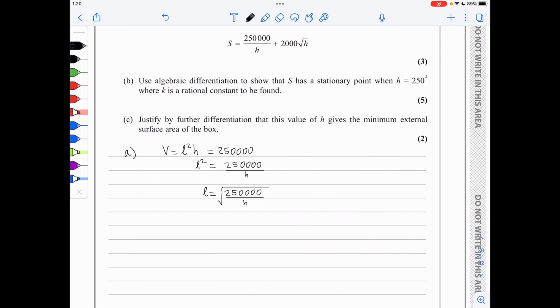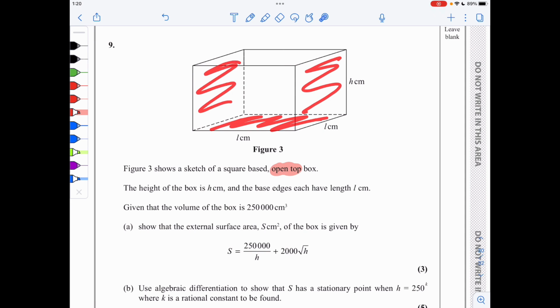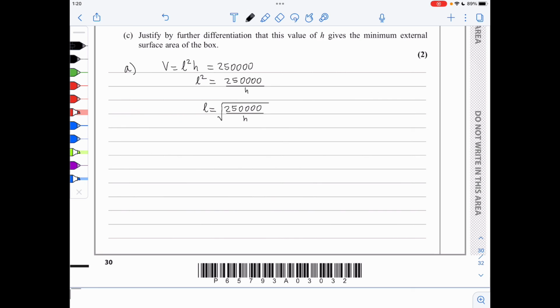Now, to consider the external surface area, bearing in mind that we are looking at an open top box, we've got the base and the 4 sides, 1, 2, 3, and the one at the back, 4. So the total external surface area will be L squared, which corresponds to the base, plus 4Lh. So this is 250,000 over h.